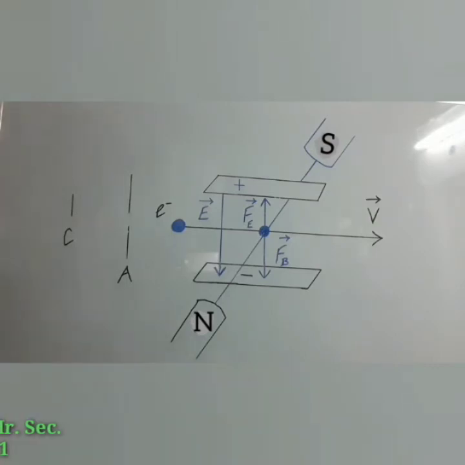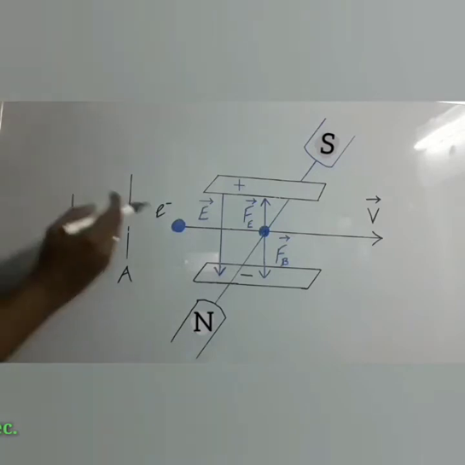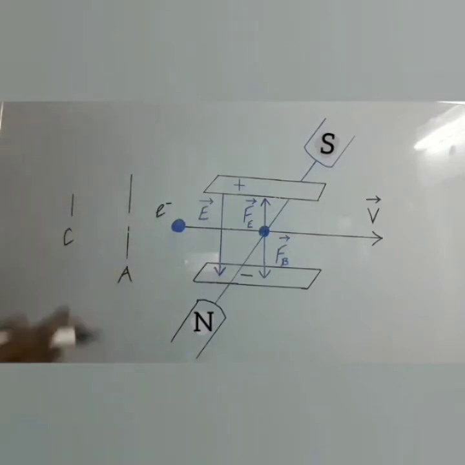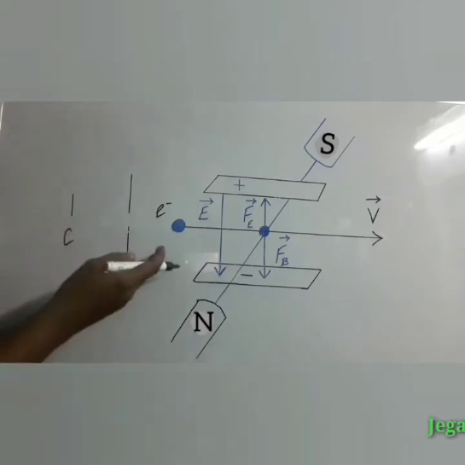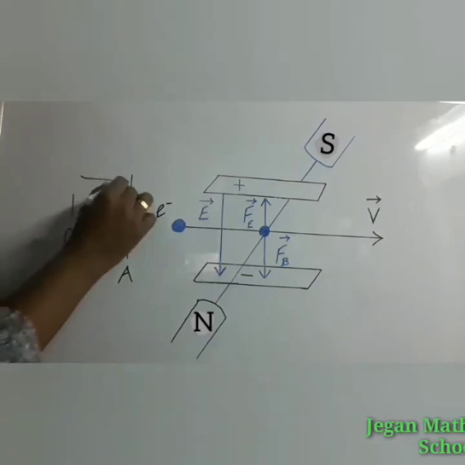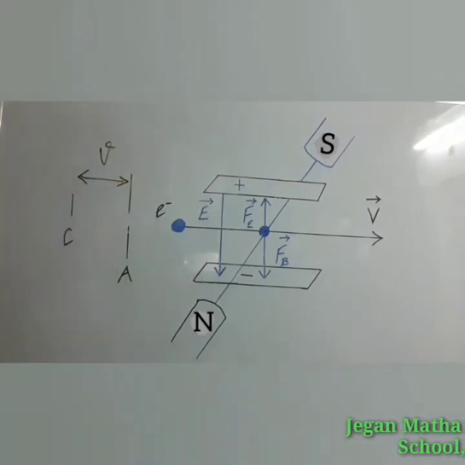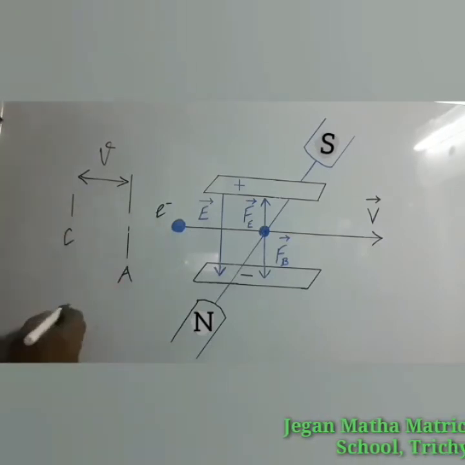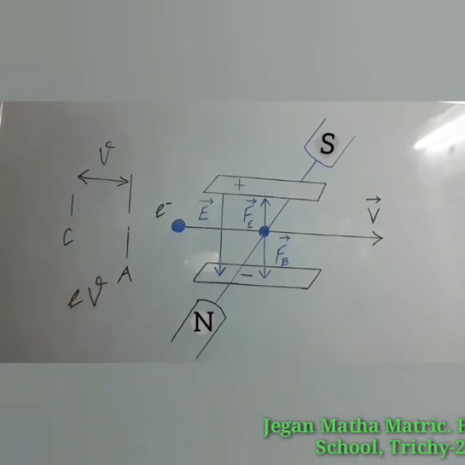Since cathode rays, that is the electron beam, are accelerated from cathode to anode, the potential energy of the electron beam at the cathode is converted into kinetic energy of the electron beam at the anode. Let capital V be the potential difference between the cathode and the anode. Then the potential energy is given by eV.